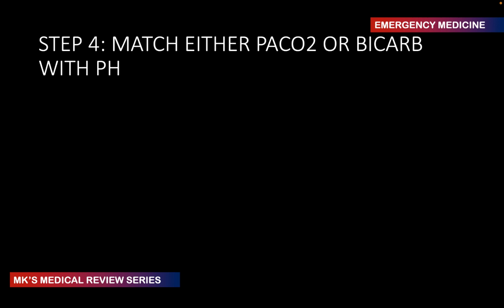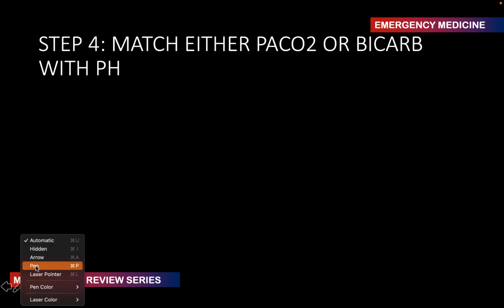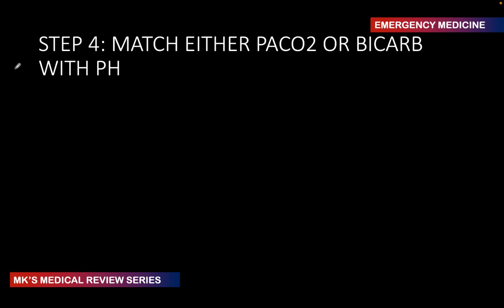So what do I mean by this? I'll give you some examples that you may come across. You may come across patients that have a low pH, which is indicative of acidosis.